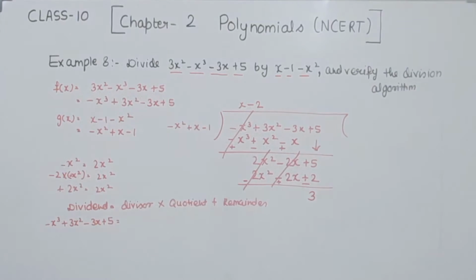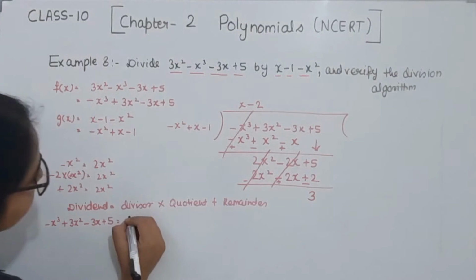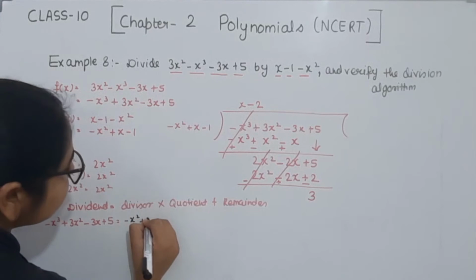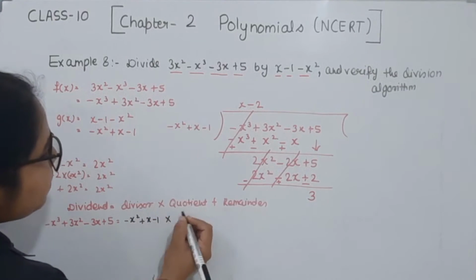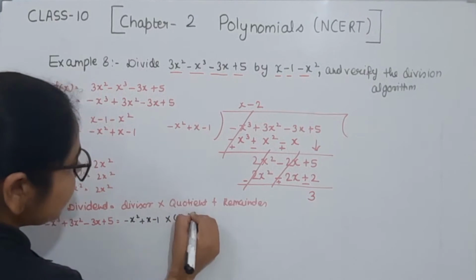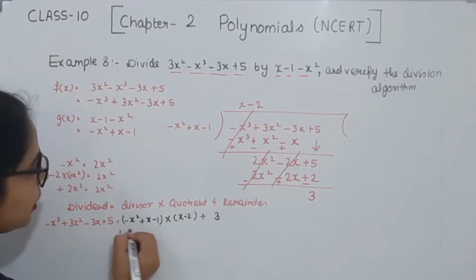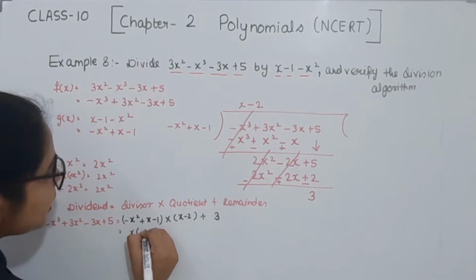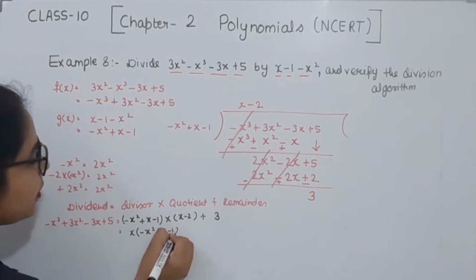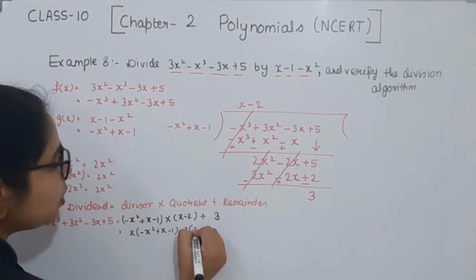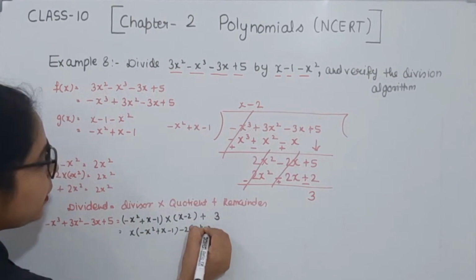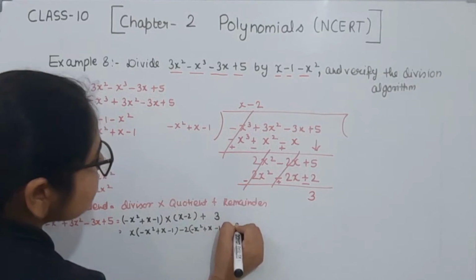Now we have to write the divisor here, and the divisor is minus x square plus x minus 1, multiplied by the quotient, which is x minus 2, plus the remainder, which is 3. Now we are going to multiply by x this whole expression, then we have to multiply by minus 2 this whole expression. Now plus 3.